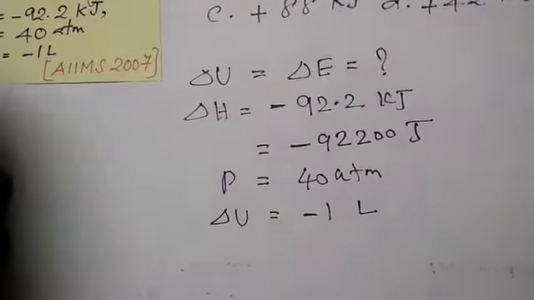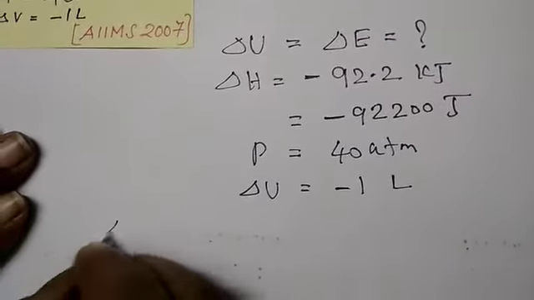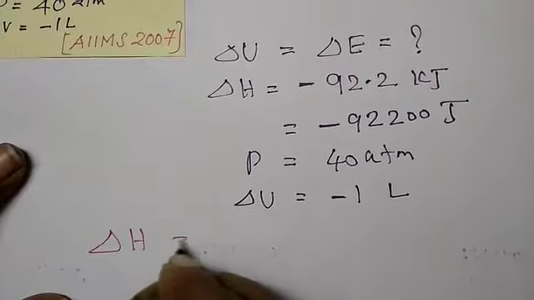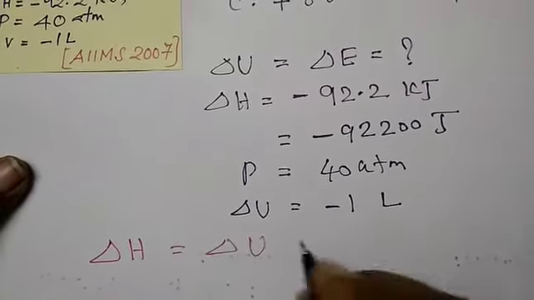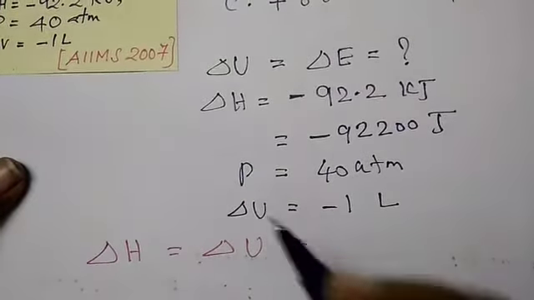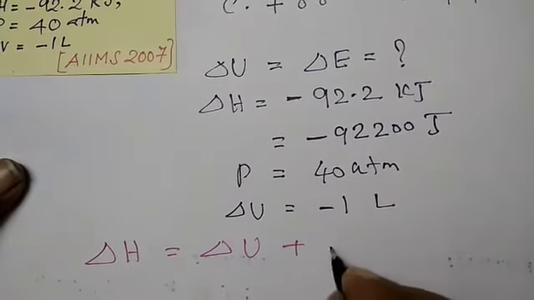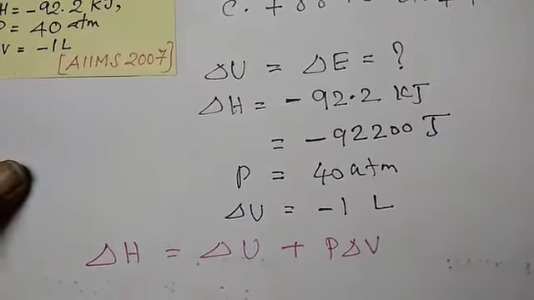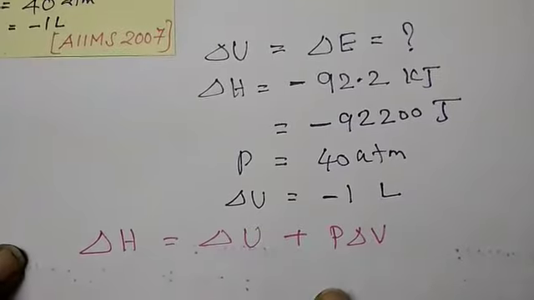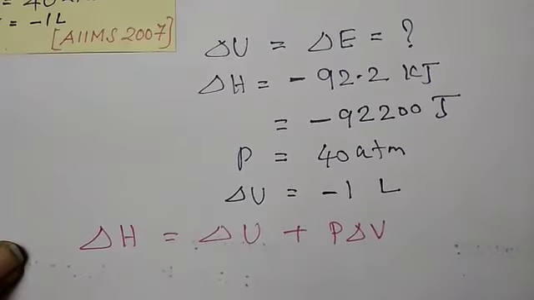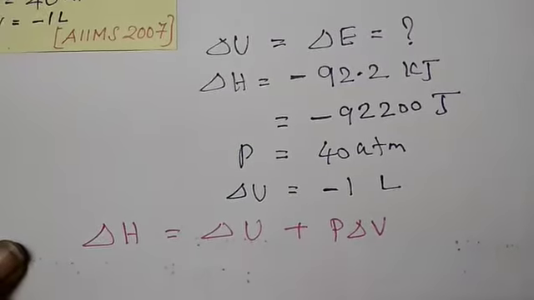Okay, now let us go to the formula. The formula is delta H is equal to delta U plus, here it is given in terms of P and V, so I am going to take it in terms of P and V. This formula has two formats.